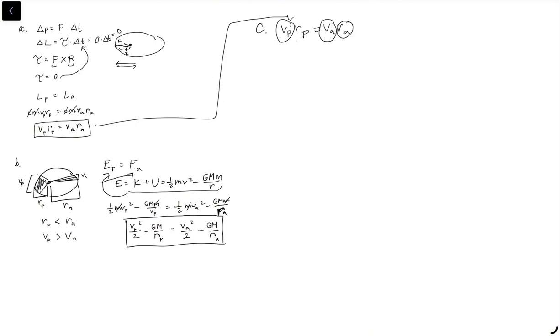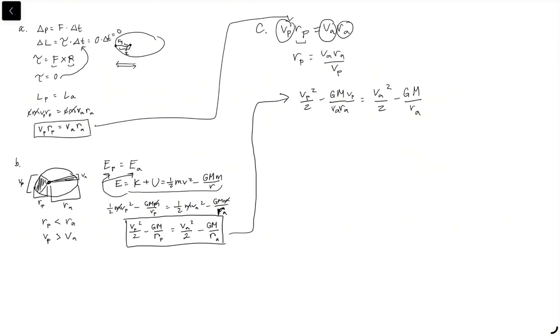So what we don't have is RP, so I'm going to isolate for this so we can replace it. And then I'm going to plug that into this equation for RP. And then I can just bring the VP to the top.